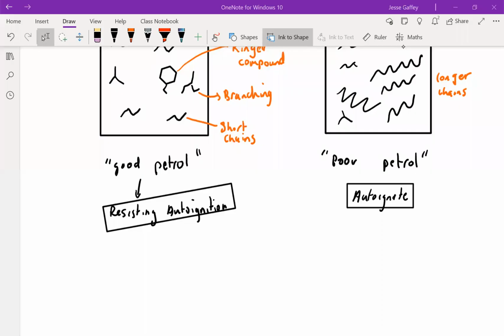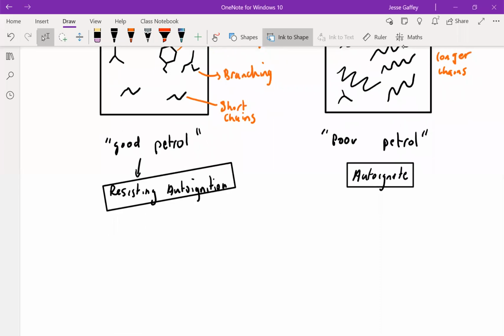We call that scale the octane number scale. So a good petrol that's good at resisting auto ignition has molecules that have a high octane number, whereas poor petrols contain molecules that have a low octane number.